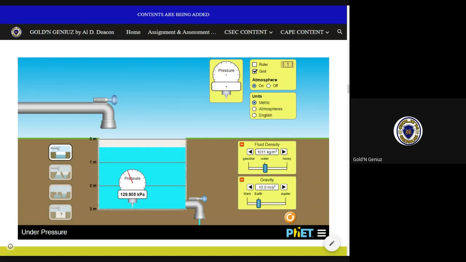You notice that as the depth decreases, the pressure also decreases. And here, I am back at the top, right?